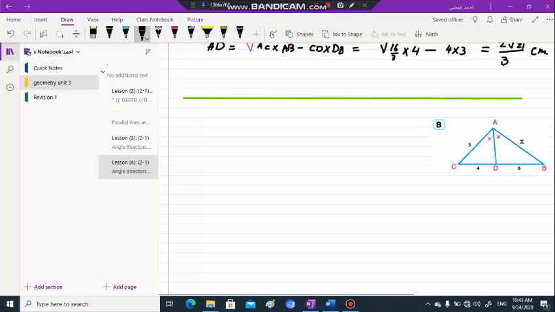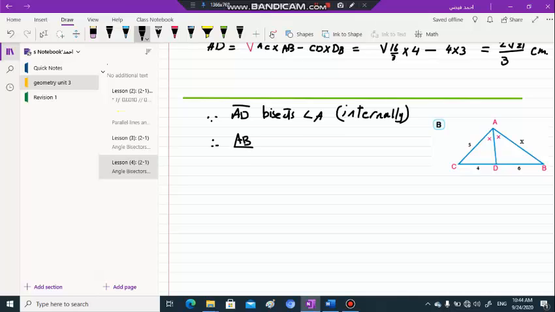We have another example. We also want to find the length of x and AD. Since AD bisects angle A internally, then AB over AC equals BD over DC.